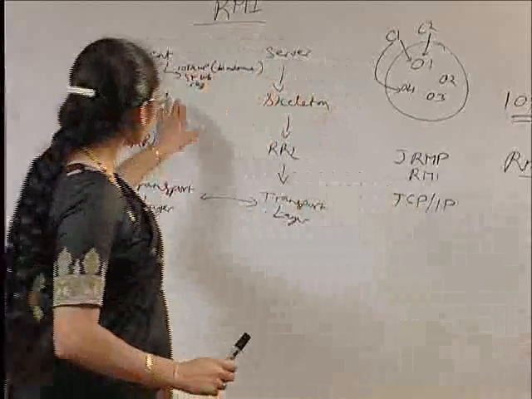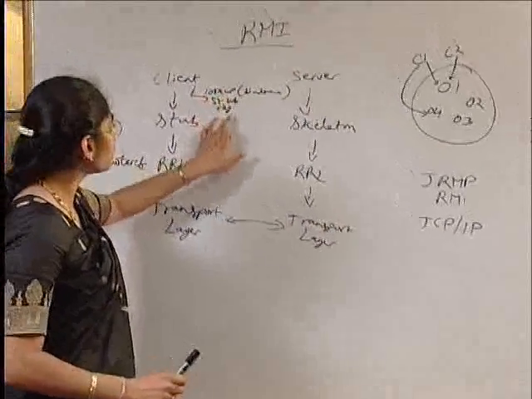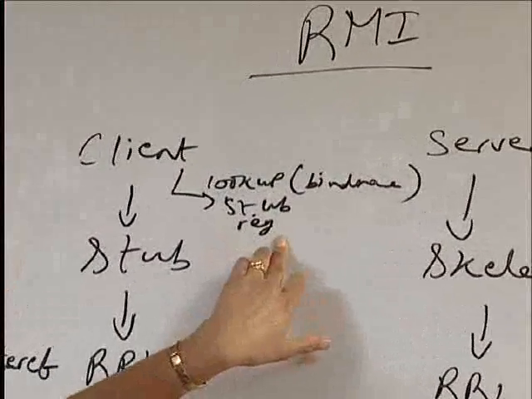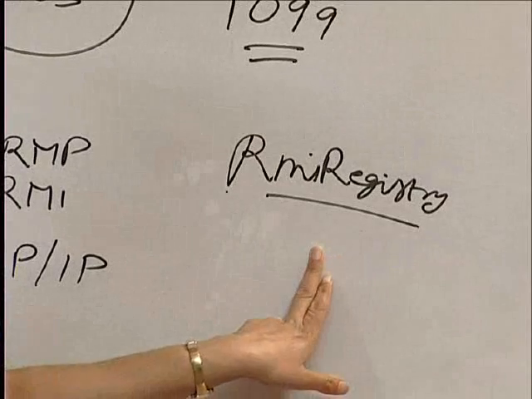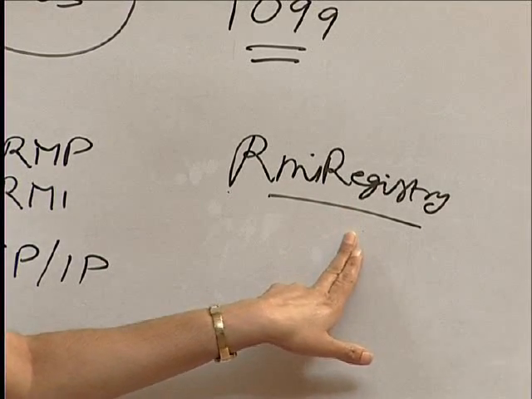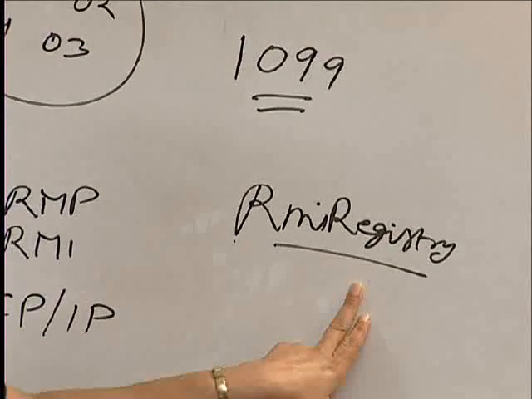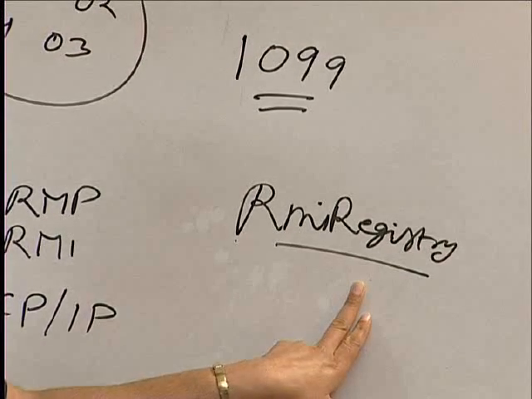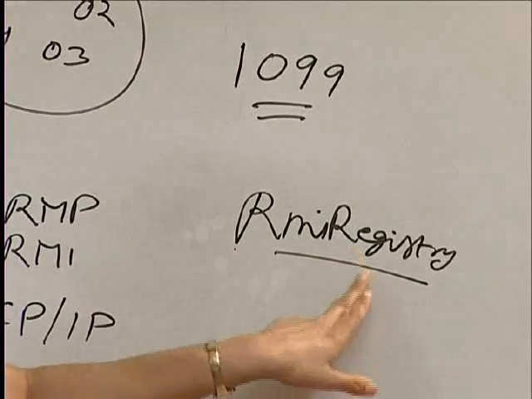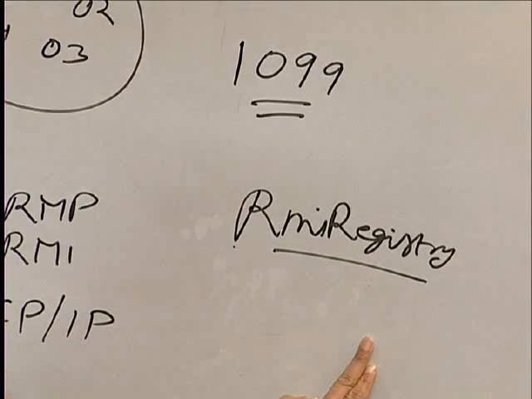So in this case, the lookup method which we call on the registry stub is passed to the skeleton of the registry. The skeleton passes it to the appropriate remote object on the registry to invoke the lookup for the bind name. Once it finds the object, it returns that object back to the client.